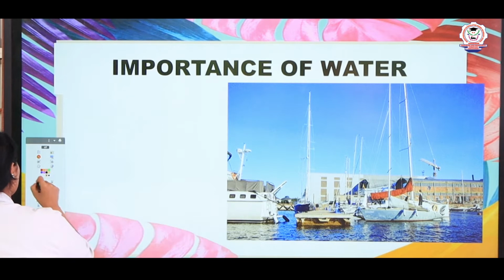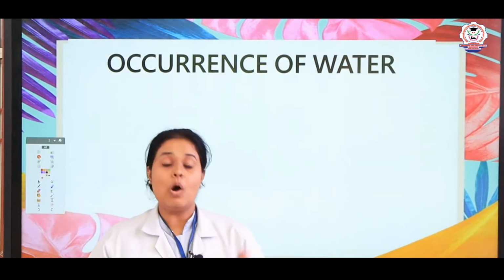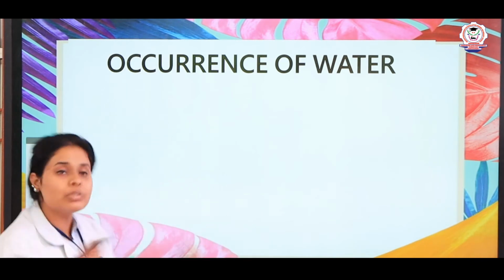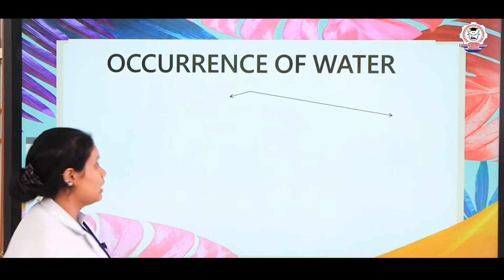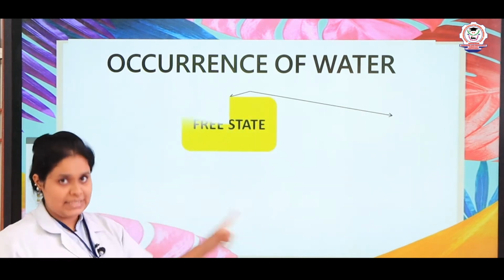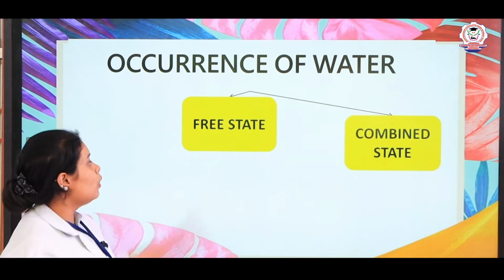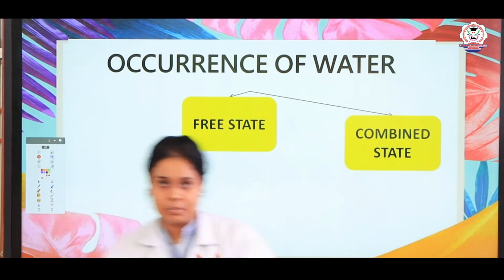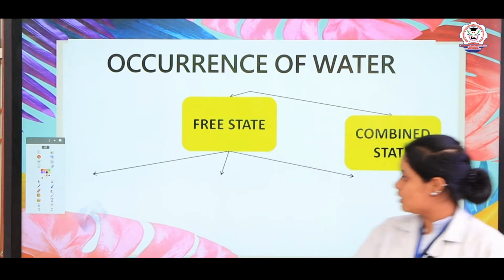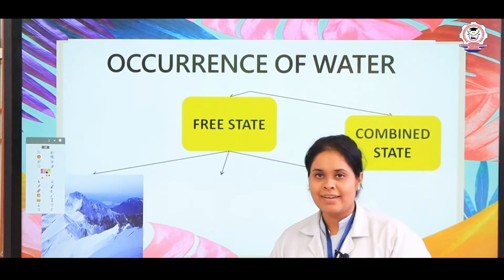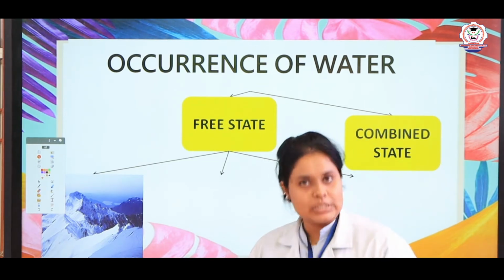So after the importance of water, we should know how the water occurs, or how it comes, what are the resources of it. So water is generally present in 2 states. One is known as the free state and another one is known as the combined state. In the free state there are 3 types. The first one here is what? Yes, it is snow, which is the solid form of water.